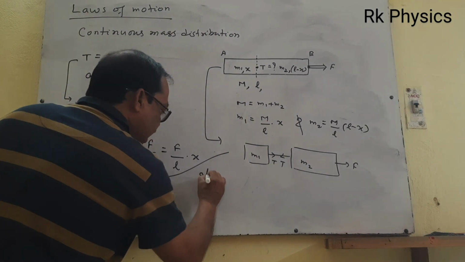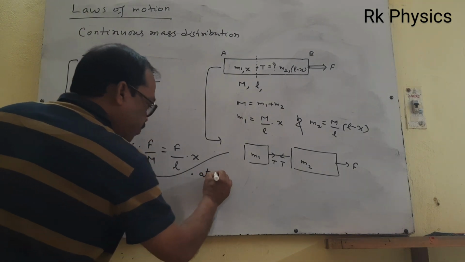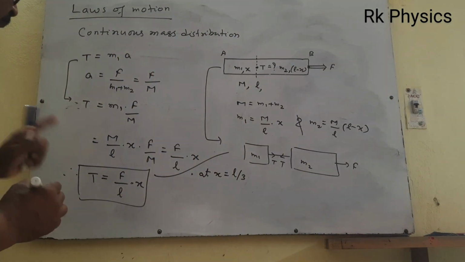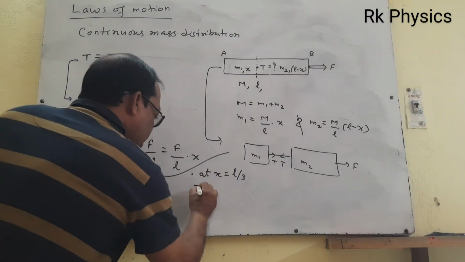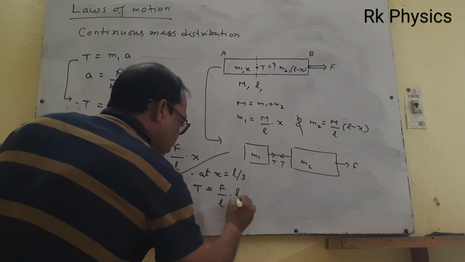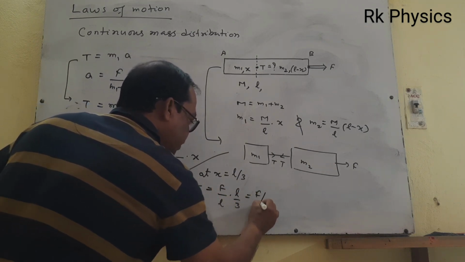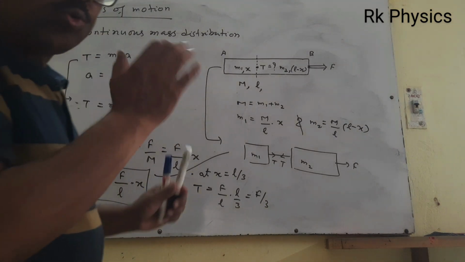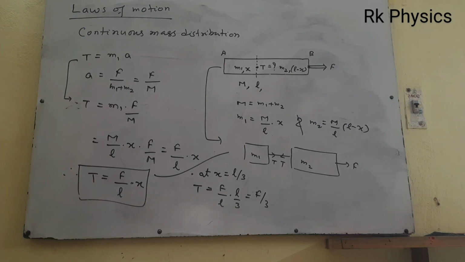That means I am taking a point at x equal to L by 3. At x equal to L by 3, T equals F by L into L by 3. This is F divided by 3. Suppose F is given as 2 Newton. So now your answer is 2 by 3 Newton.